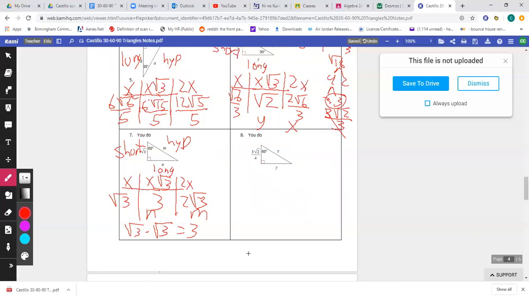Okay, number 8. So they're giving my short leg again, which is 3 √2 over 4. If I multiply this by √3, √2 times √3 is just √6.